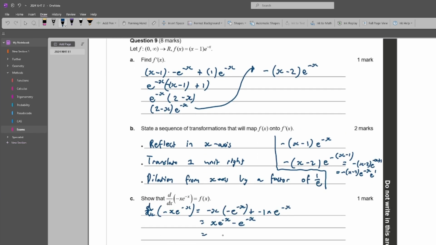Let's factor out the e to the negative x, which is our original f of x, as we expected.